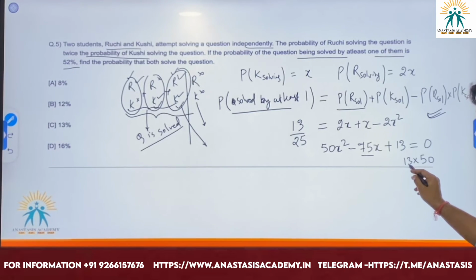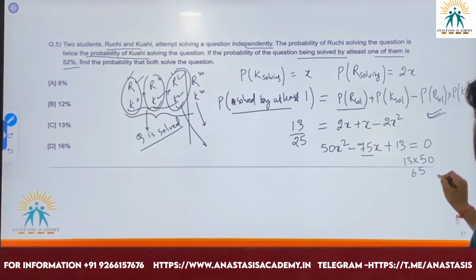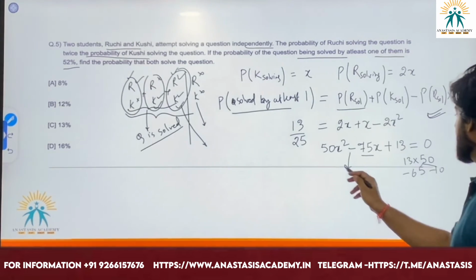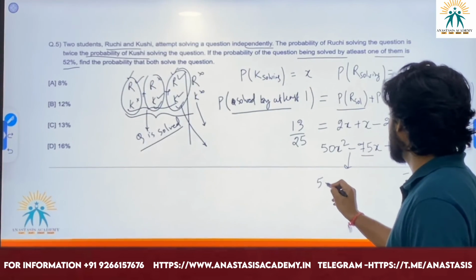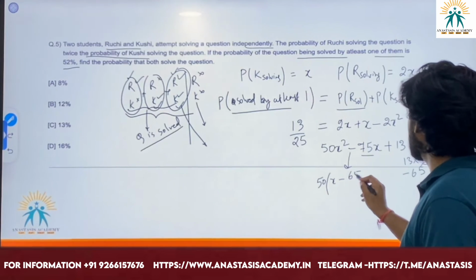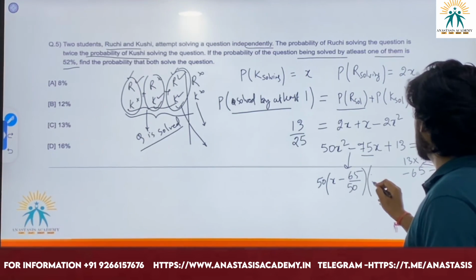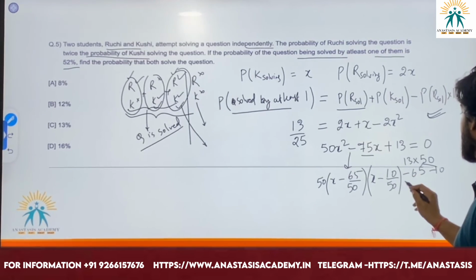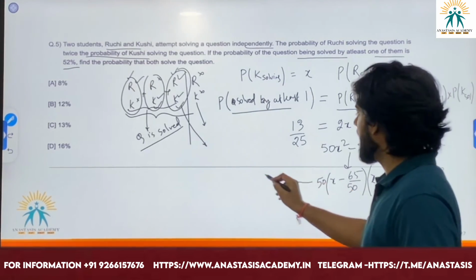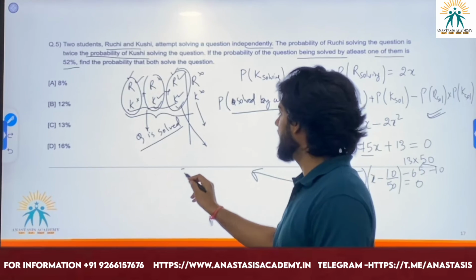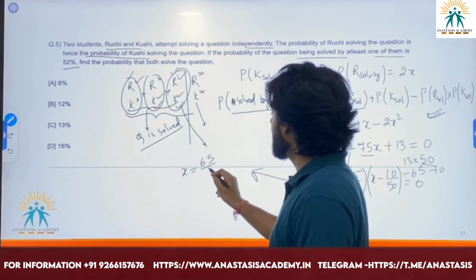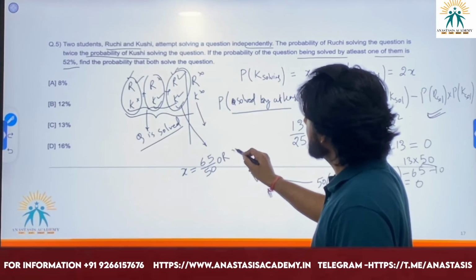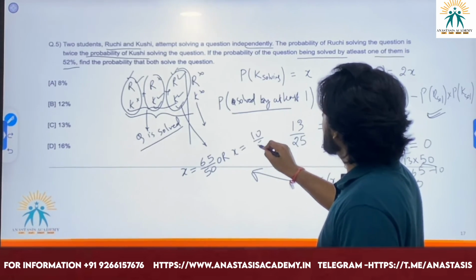So I can say 13 into 5, 65 and 10. These are 2 numbers, so minus 65 minus 10. So the factorization of this quadratic is 50 times x minus 65 by 50 into x minus 10 upon 50 equal to 0. So from here I get values of x as x is equal to 65 by 50 in one case, or the value of x is 10 upon 50 in the other case.